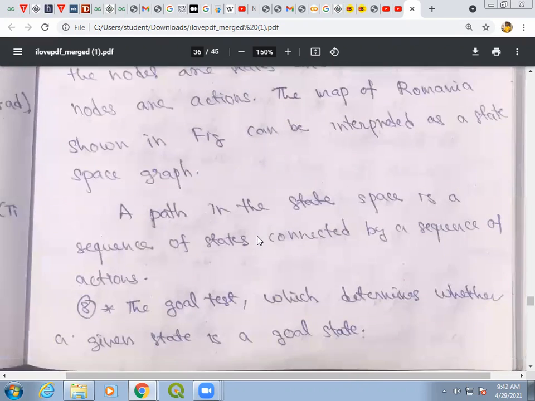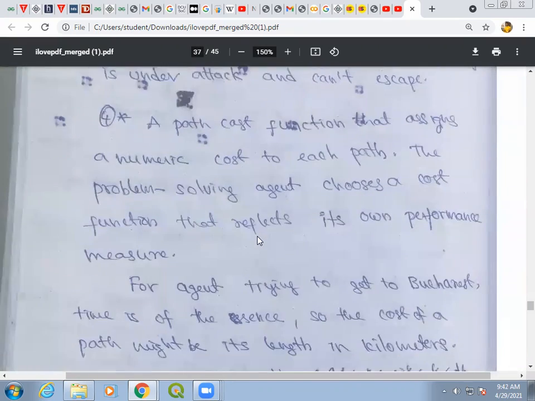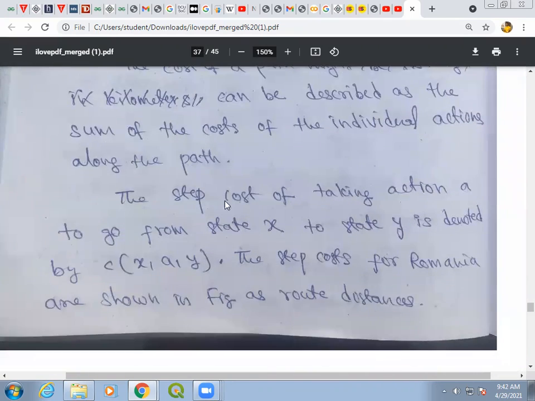For each step, the cost it has is called step cost. So what is the action here in this particular case? Go Sibiu is the action. Action A is the action to go from state X to state Y. We denote the step cost as c(X, A, Y). By taking action A, it goes from state X to state Y, and the cost here is the step cost.